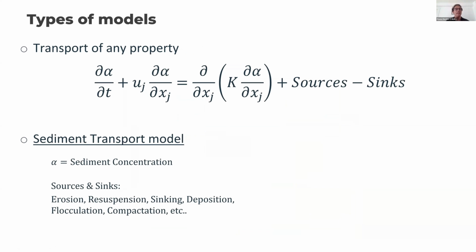Okay, see, this is the way of implementing the water quality. For example, if you have a sediment transport model, the property, the alpha, will be the sediment concentration, which is being transported in the water, okay? So you have the temporal variation, the advective variation, the diffusion of the sediments in the water, and then you have sources and sinks of sediments in this case, and the sources can be the erosion of the bottom, the resuspension, and the sinks are the sinking, the deposition, okay?